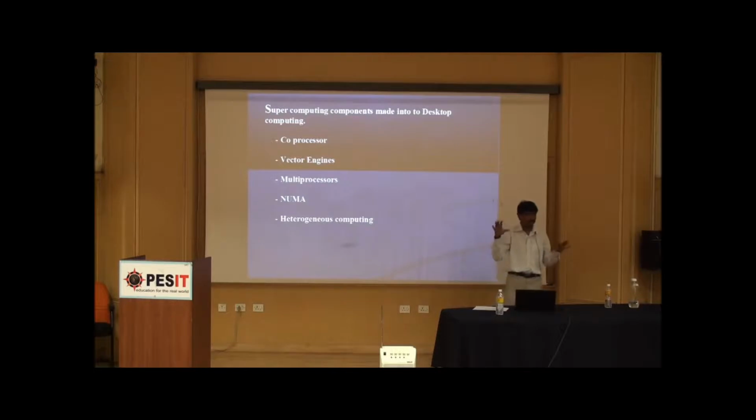So your math computing unit is now part of a CPU, right? Likewise, there were some supercomputing models like Cray. Cray is one of the known supercomputing devices or models.